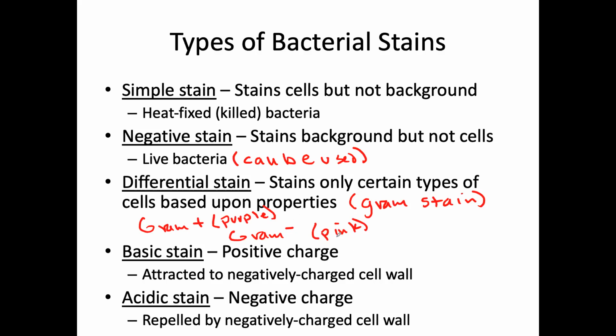There are others. A basic stain will be attracted to a negative cell wall, and an acidic stain will be attracted to a positive structure and repelled by a negative cell wall. Okay. And that's because acidic stains have a negative charge and basic stains have a positive charge. Okay.